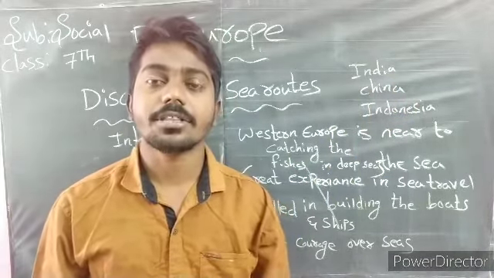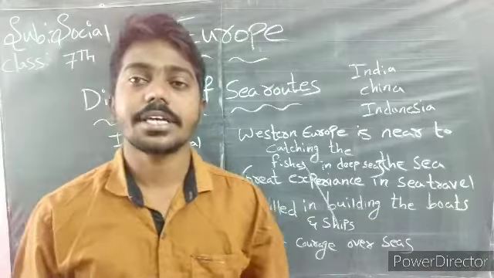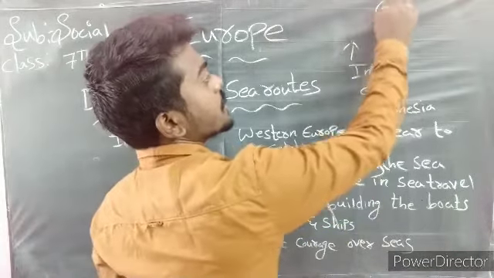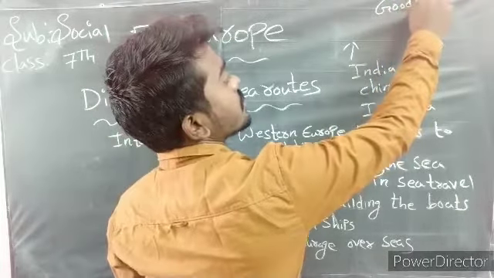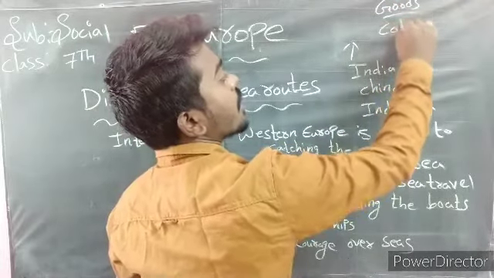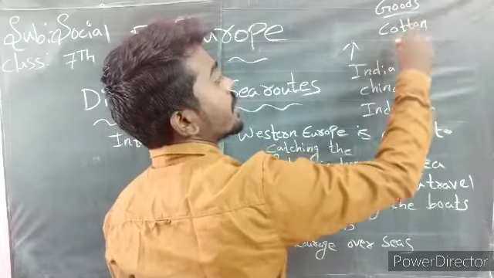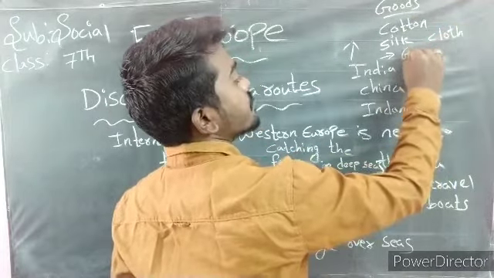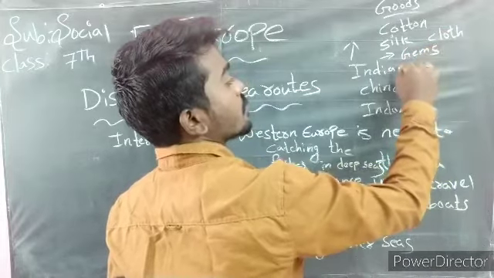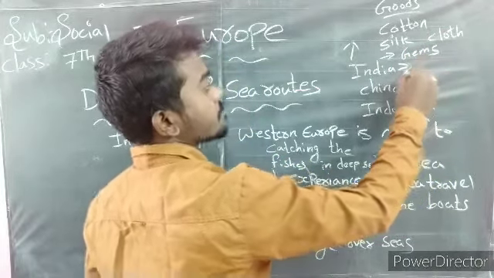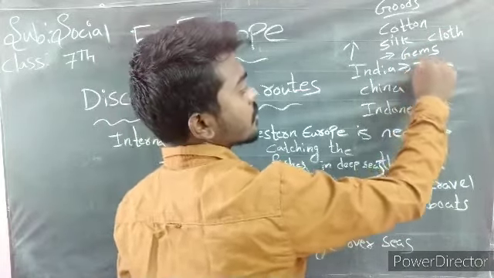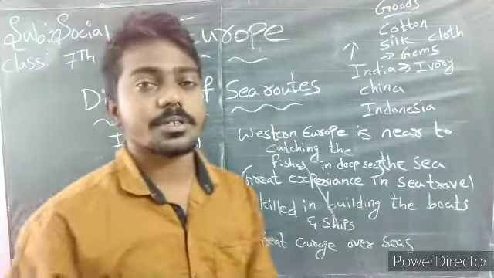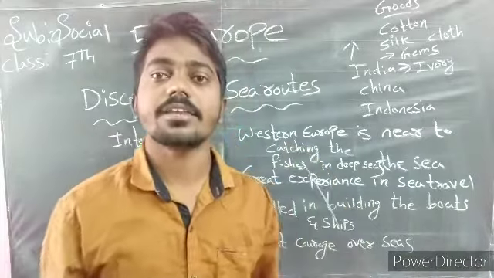Particularly, the Europeans went to India. From India they took goods such as cotton. They took cotton from our India, silk cloth and gems, ratnalu. And also they took ivory. Ivory means the tooth of the elephant, dantalu.